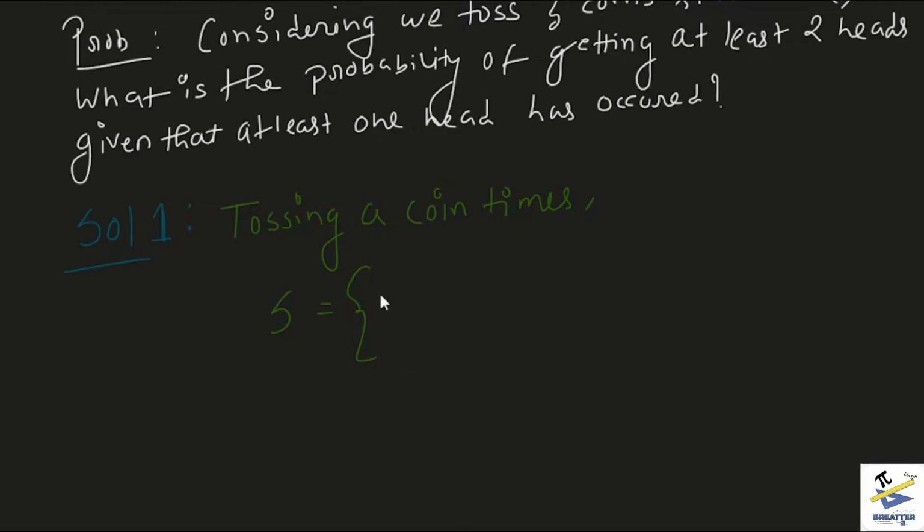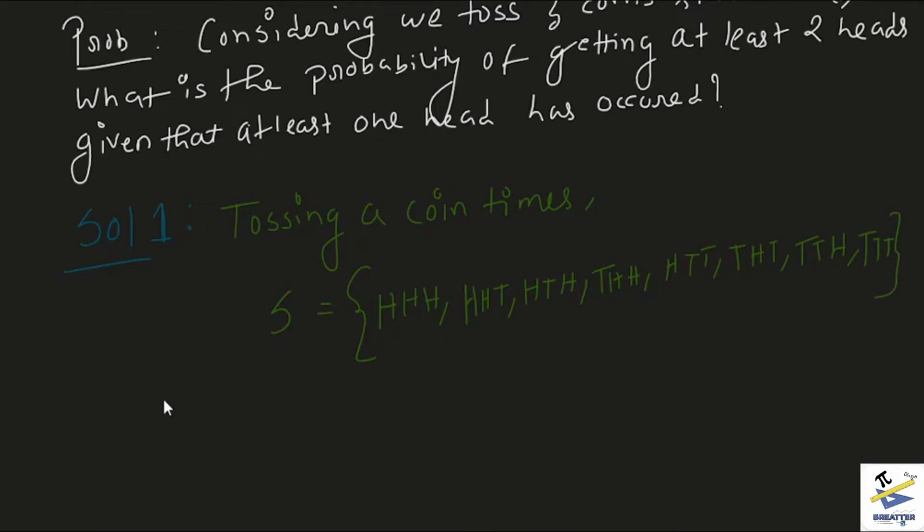Similarly, tossing a coin 3 times shall give you something like this: HHH, HHT, HTH, THH, HTT, THT, TTH, TTT.